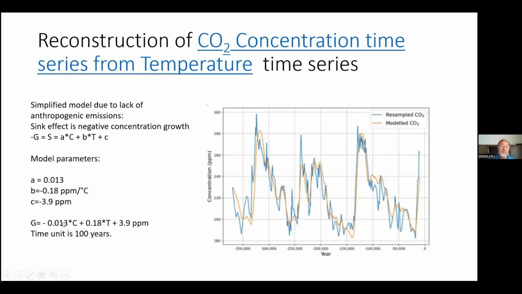My simple hypothesis is that this sink effect is the permanent conversion of CO2 into limestone. Yeah, because when it's converted into limestone, it's kind of gone forever. I'm not quite sure whether this is correct. We would need to look at even larger timescales to validate this, but this is one idea for a preliminary hypothesis.